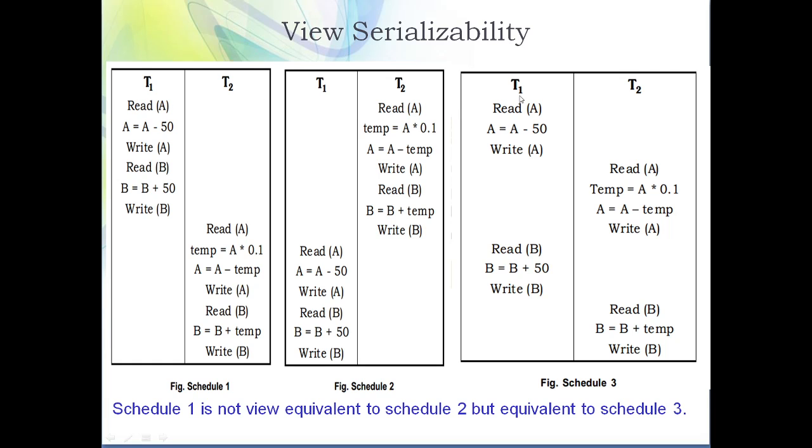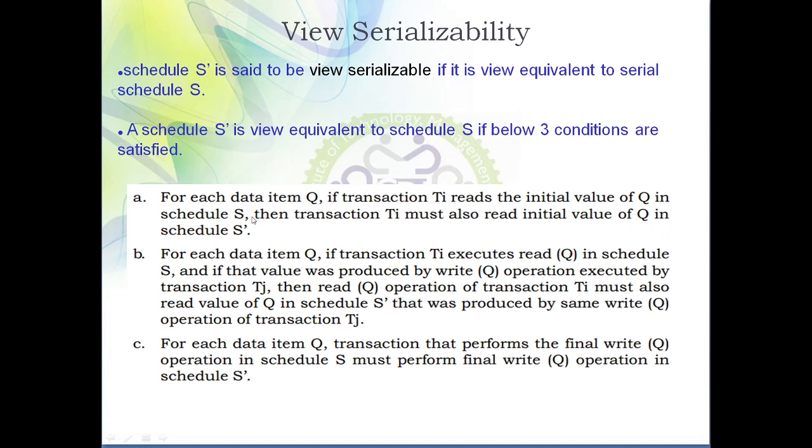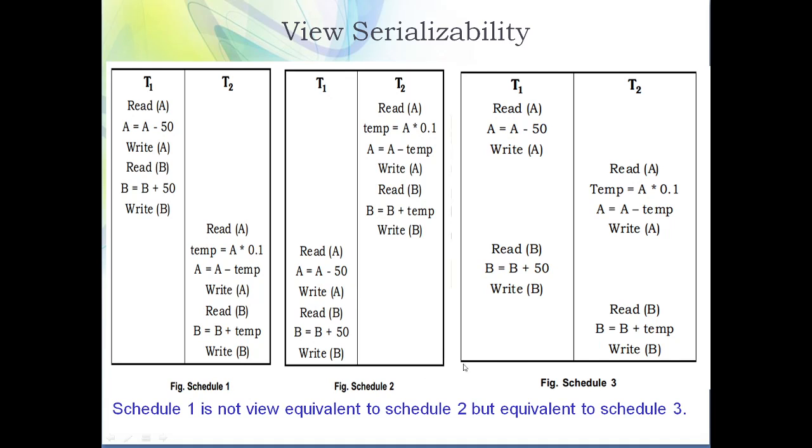No. In schedule 3, as in schedule 1, T1 is reading the initial value of A, but in schedule 2 T2 is reading the initial value. So schedule 2 is not satisfying the condition. The first condition is satisfied between 1 and 3, but not between 1 and 2.